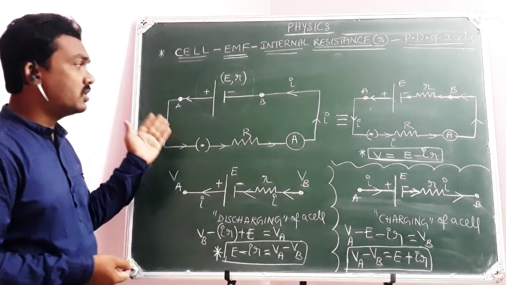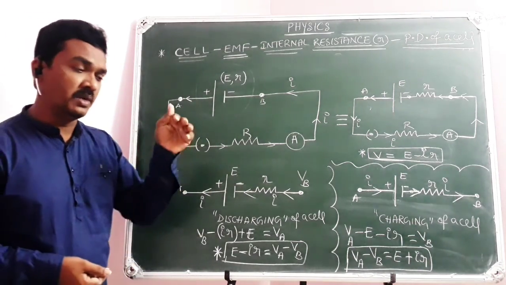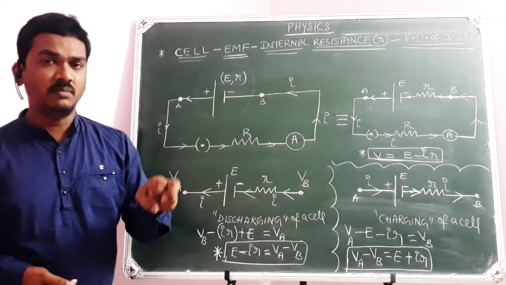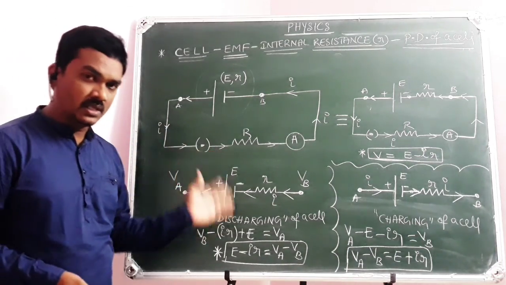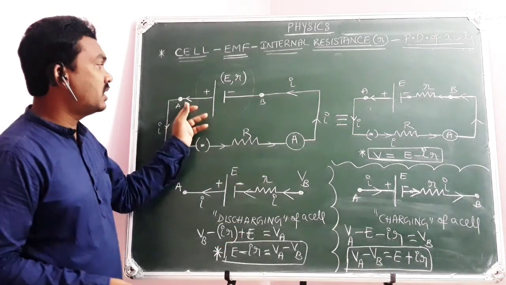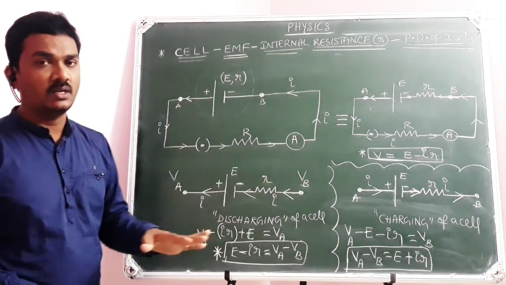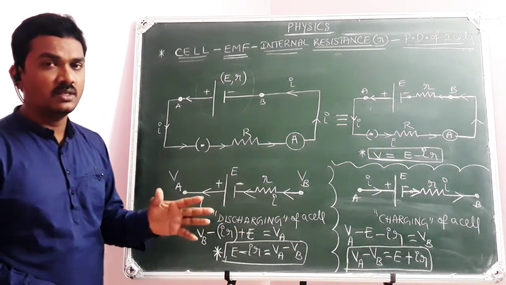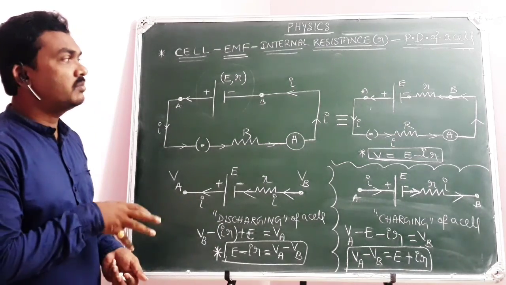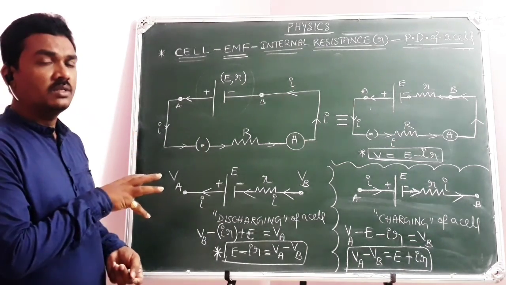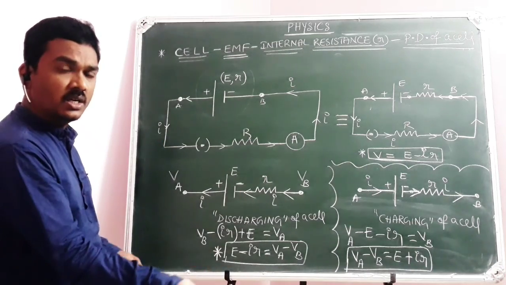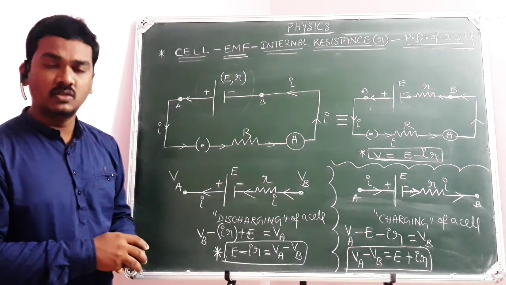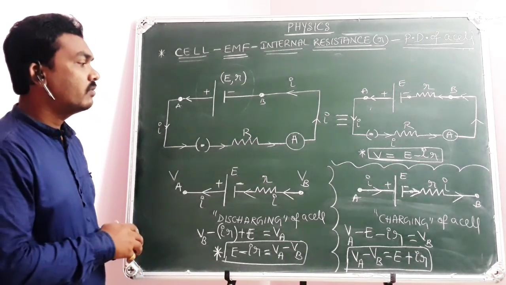We take internal resistance into consideration only when it is mentioned the cell offers some internal resistance, or else the EMF of the cell will be equal to potential difference across the terminals of the cell, nothing but voltage of the cell. And at the same time, you have come across the difference between EMF and potential difference. This is what you need to understand.